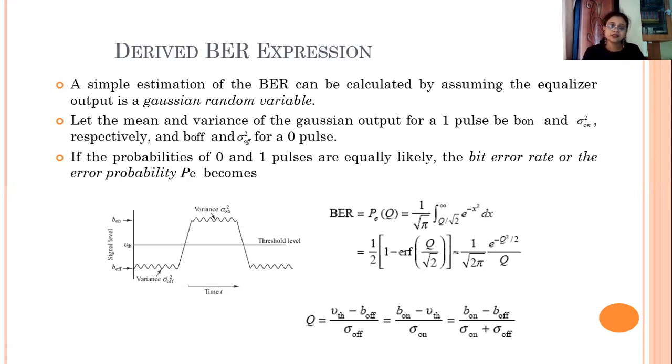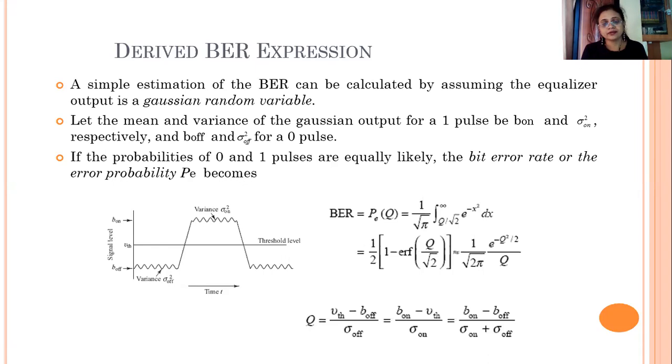Actually, there is a big derivation behind this bit error expression, but here, as it is not in the scope of your course, I have skipped those steps and directly provided you the expression for bit error rate, with a qualitative explanation and relation to this bit 1 and bit 0 variance, the mean value and the threshold value. I hope you understood this explanation and you could relate it to the bit error rate.